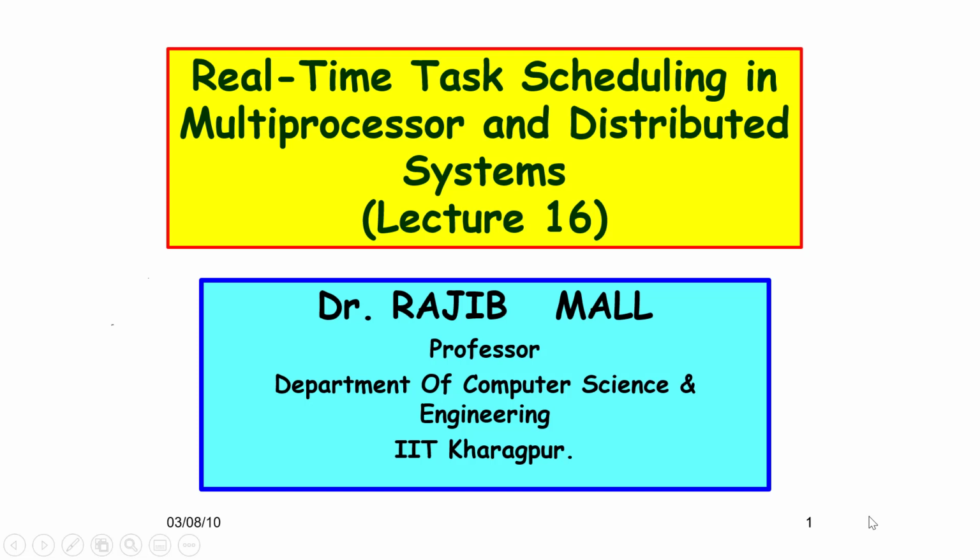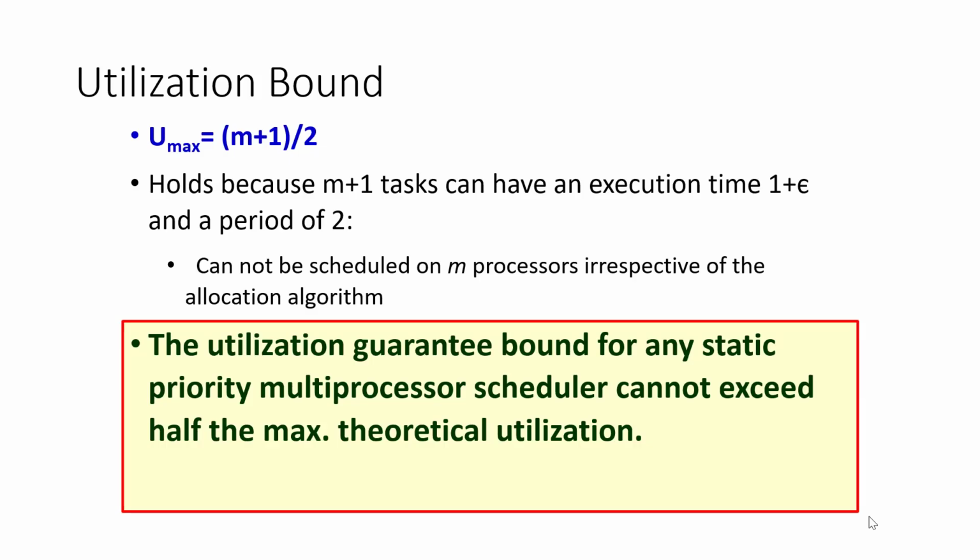Welcome to lecture 16. So this lecture is on real-time task scheduling in multiprocessor and distributed systems. What we really need is that you go back to the Dhall's effect that was covered in lecture 15 and look at a very simple case where it was actually not possible to schedule a multiprocessor system, right?